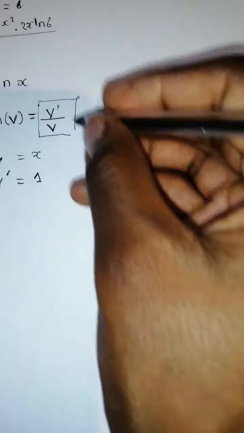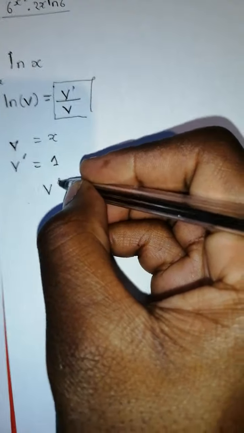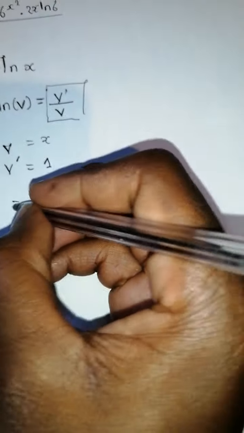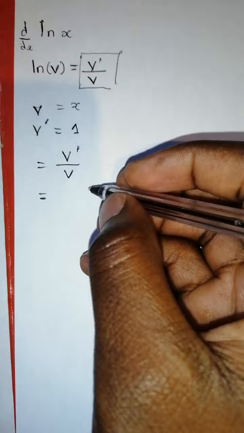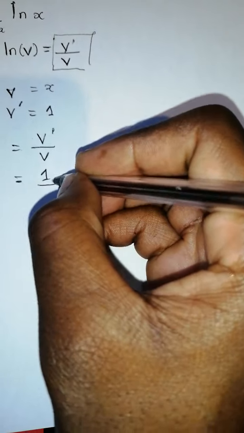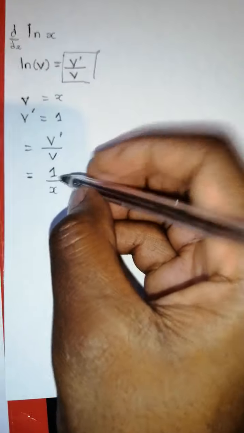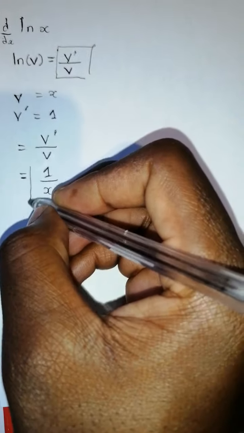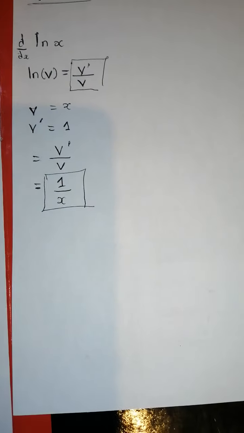So we're going to replace in this formula, v prime over v. v prime is equal to 1, and v is equal to x, so it is 1 over x. So this is our answer. This is the derivative of ln x.